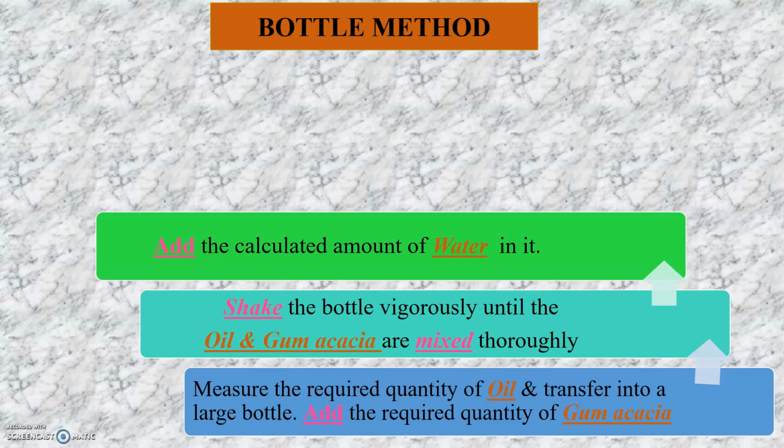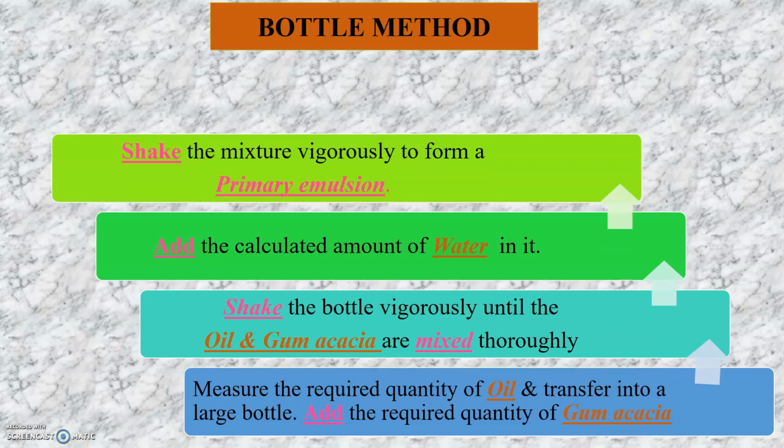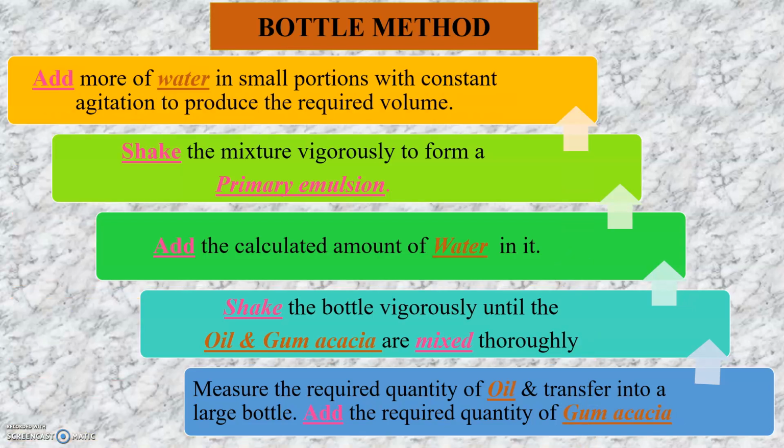Then add the calculated amount of water in it. Then shake the mixture vigorously to form a primary emulsion. And at last, add more water in small portions with constant agitation to produce the required volume.